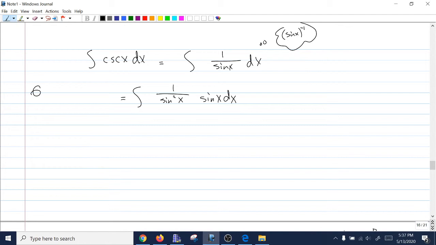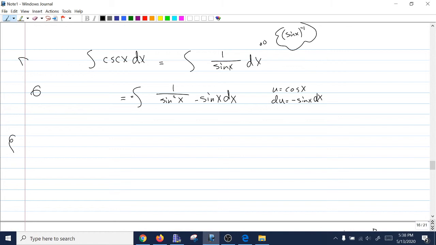Okay. This was not so bad because I want to do the substitution where u equals cosine x. Putting the sine x next to the dx was my reminder that I like the substitution u equals cosine x. du is going to be negative sine x dx.